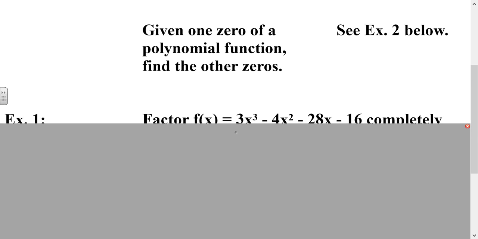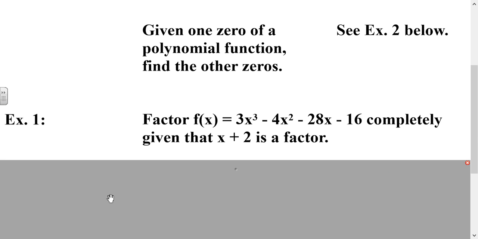So here's the first example. Factor f of x equals 3x cubed minus 4x squared minus 28x minus 16 completely, given that x plus 2 is a factor. So what we're going to do is factor this polynomial. Now if I was going to try to factor this right now, I would only be able to factor it by grouping, but this particular example does not work by factoring by grouping.